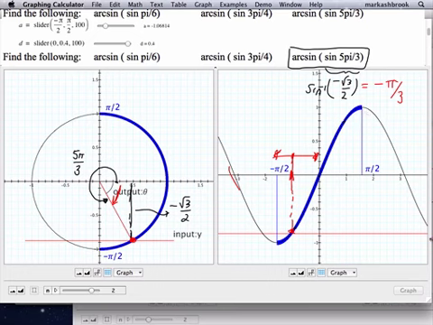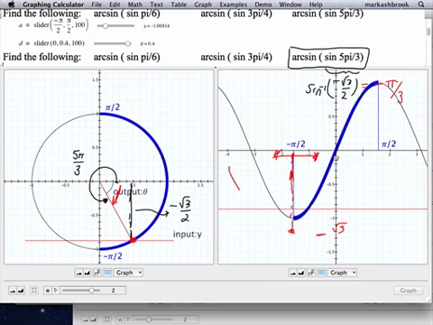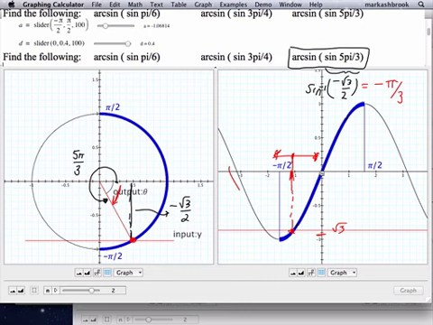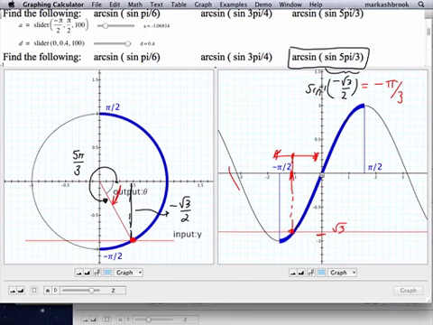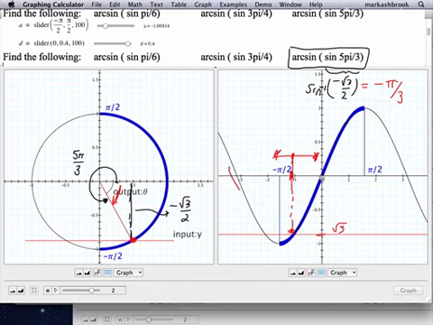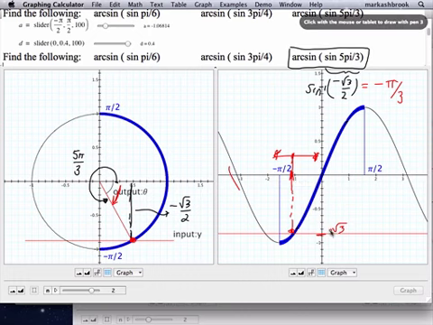So our input is the vertical distance above the horizontal diameter, which is our negative radical 3 over 2. It's the angle within the range that we established.